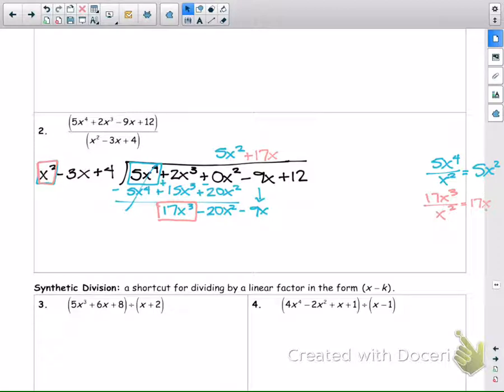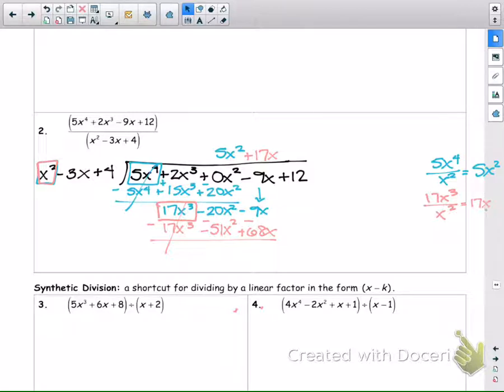That's going to give me 17x cubed minus 51x squared plus 68x. And what do I do with all three terms now? Subtract. So I got to be careful with my negatives again. 17x cubed minus 17x cubed cancels.